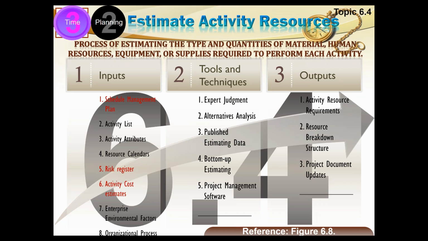Resource breakdown structure is required by duration estimate and develop schedule, whereas project documents are being archived, and also a copy of that is required by the procurement management. So this diagram lays out what is coming from where and what is going where. So this is just a further description of all these items. We already have talked about it and we don't have much of doubt.